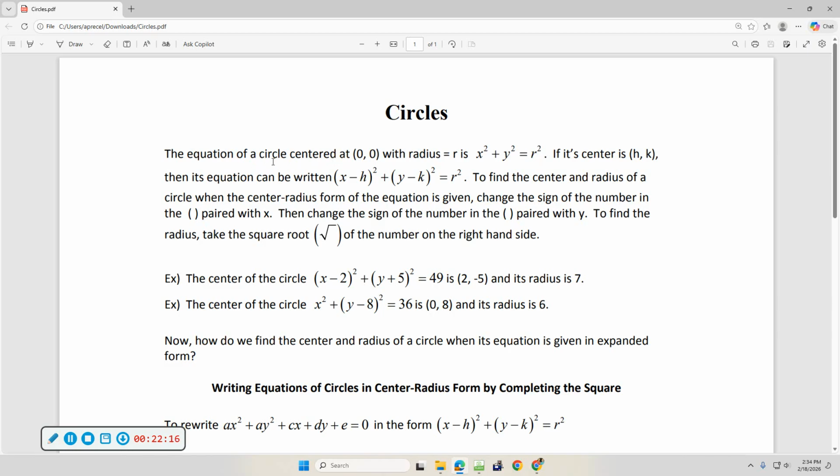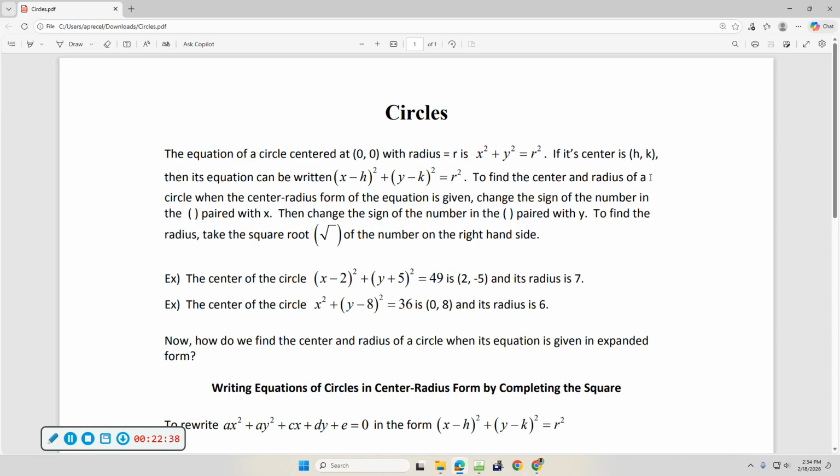Let's look at what this handout says. The equation of a circle centered at 0, 0. Well, we saw that on problem number 1. The x minus 0 and the y minus 0 just became x squared and y squared. So that's nothing new. If it's at h, k, there's center radius form. Okay, I told you that.